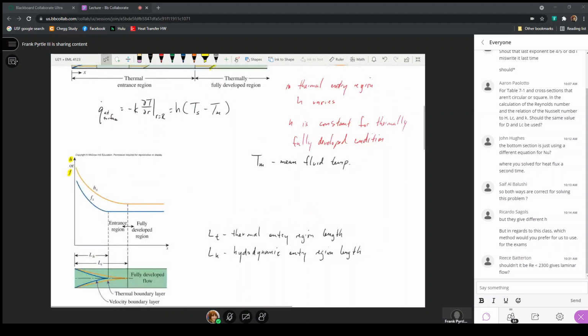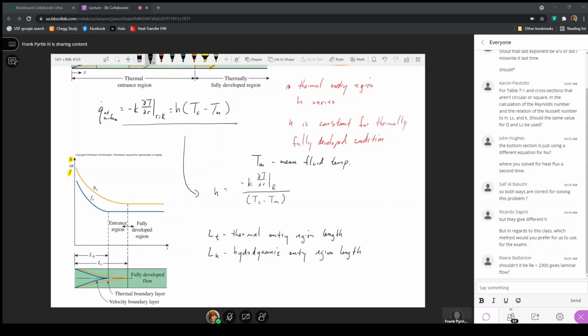So when I go back to this expression and rearrange it, it says that the heat transfer coefficient can be defined as the conduction heat flux, minus k dT/dr at r equals capital R, divided by Ts minus Tm.